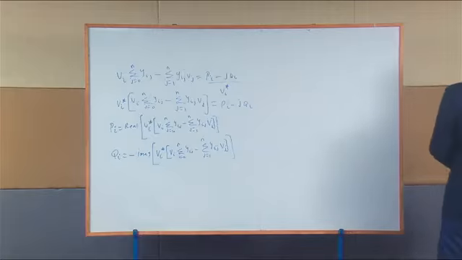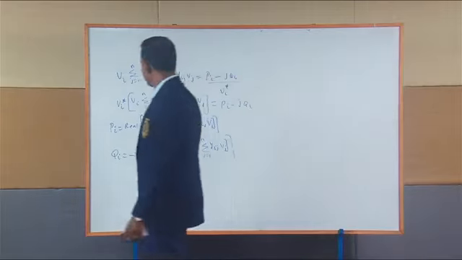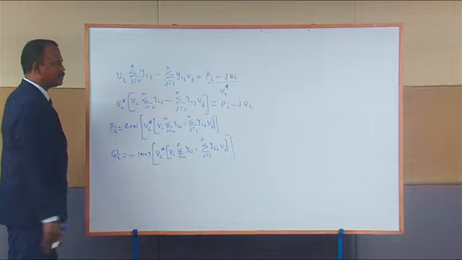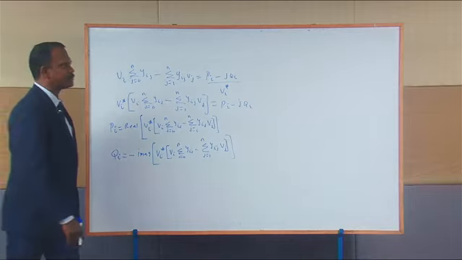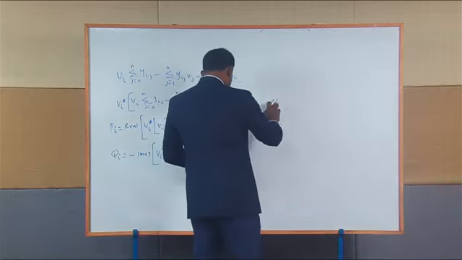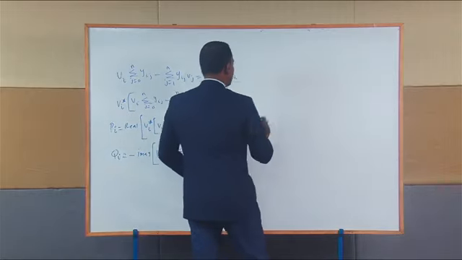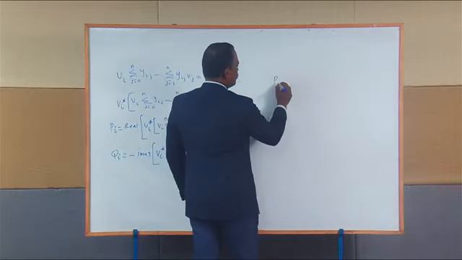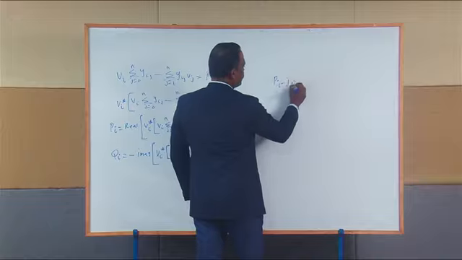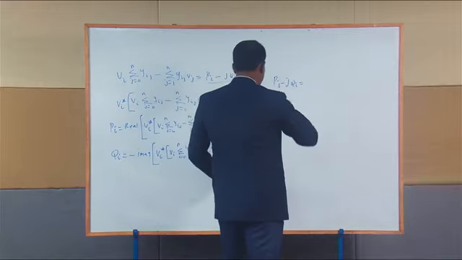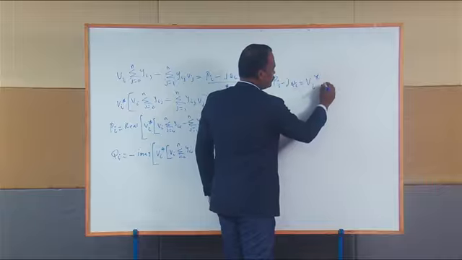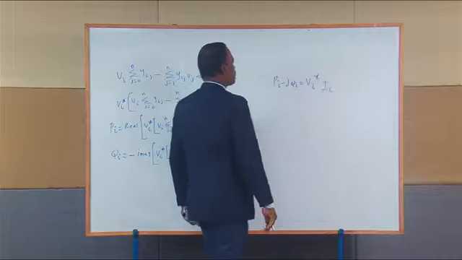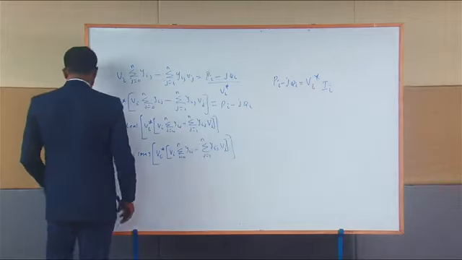Now let us rewrite the same equations, which are in Cartesian form, in polar form. How can we do that? We know that Pi minus jQi is equal to Vi conjugate into Ii.